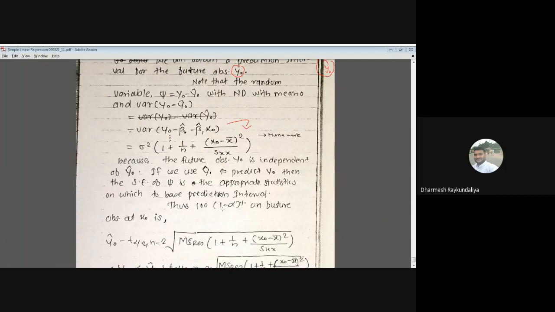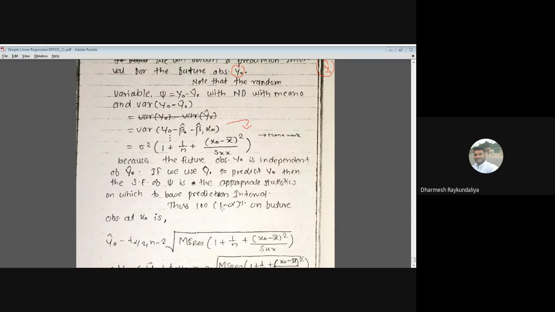So in brief, whenever you wish to perform the regression analysis, first you have to see whether your regression model is a simple linear regression or a multiple linear regression. So how will you distinguish between the simple and multiple? If you have only one independent variable, dependent variable is one, and only one independent variable, then it is the concept of a simple linear regression, provided the relation between y and x is linear in parameters.